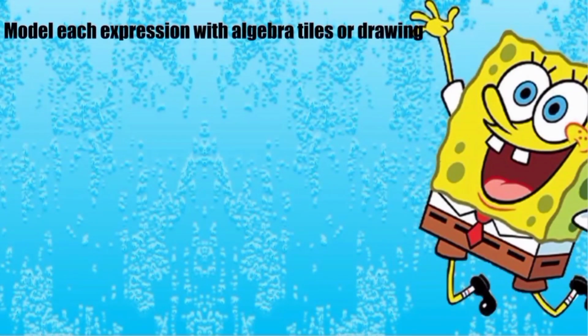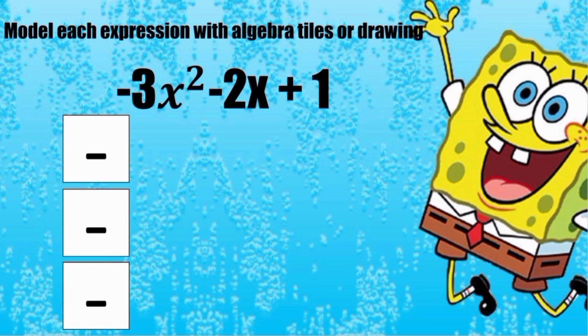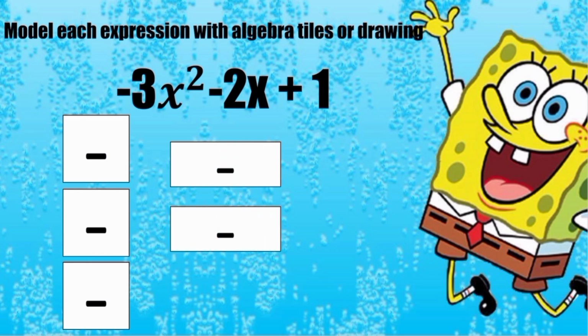Next example, negative 3x squared minus 2x plus 1. Now here is our answer. We have 3 pieces of negative x squared, 2 pieces of negative x, and 1 piece of positive 1.